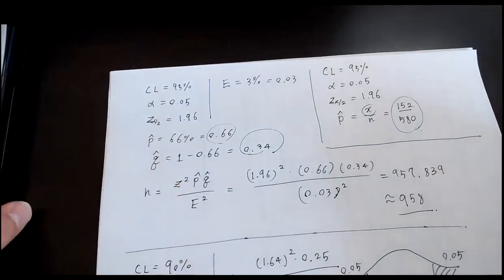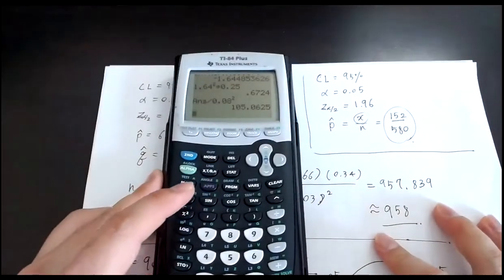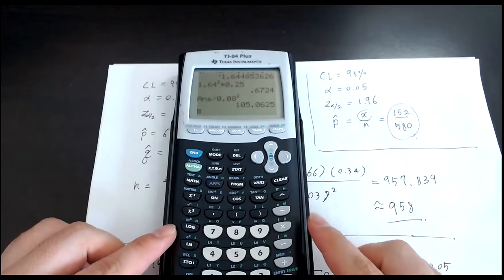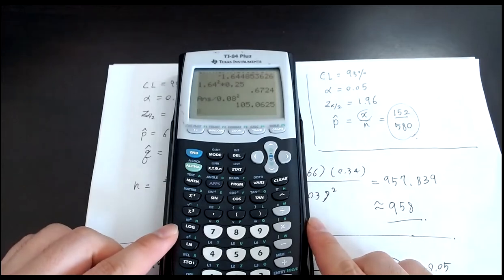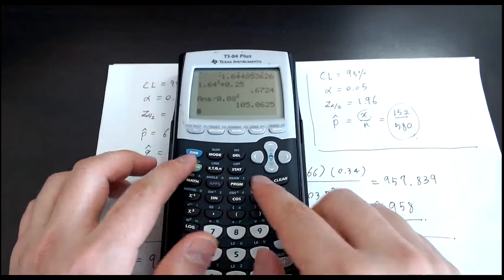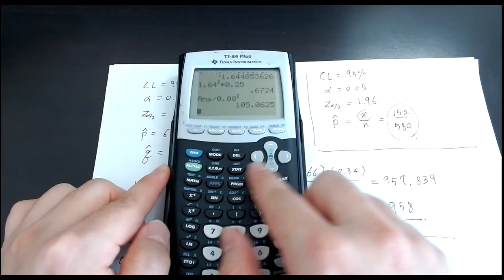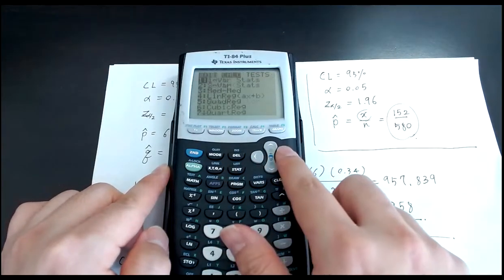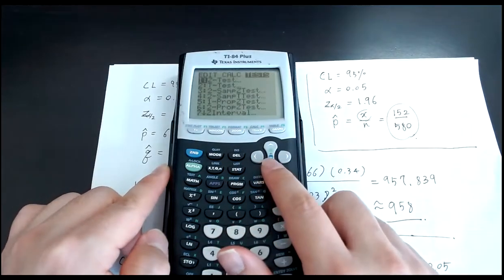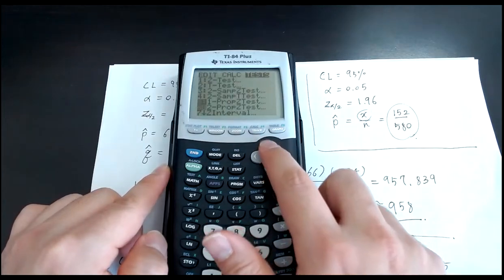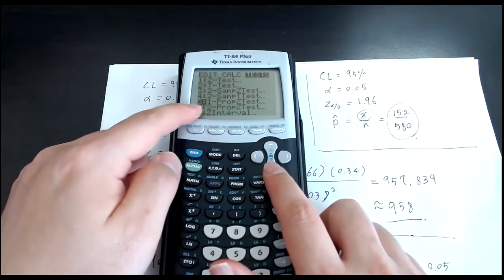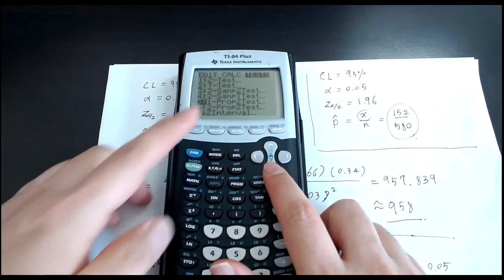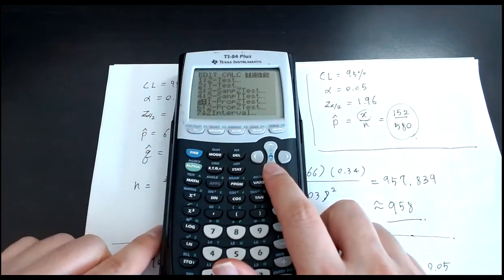Okay, so now let's find the confidence interval using the calculator. So we go to the test tab. Then you see number 5, one proportion z test.